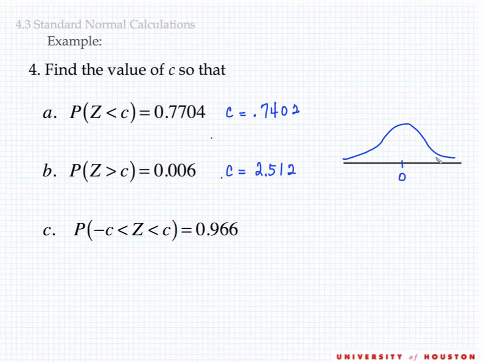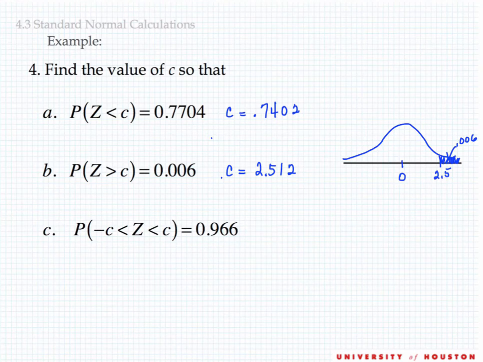If the probability that Z is greater than C is 0.006, it means it's very, very small. Greater than would be shaded this direction. So this area right here is 0.006. And that would make sense to be about 2 standard deviations or more from the mean.